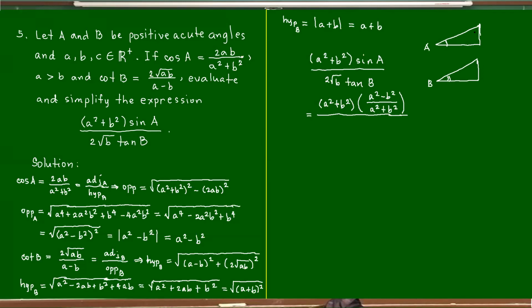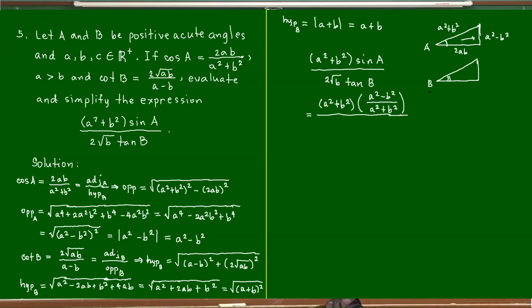So this is 2AB over A squared plus B squared. And we have solved this, A squared minus B squared. Okay, that is opposite.